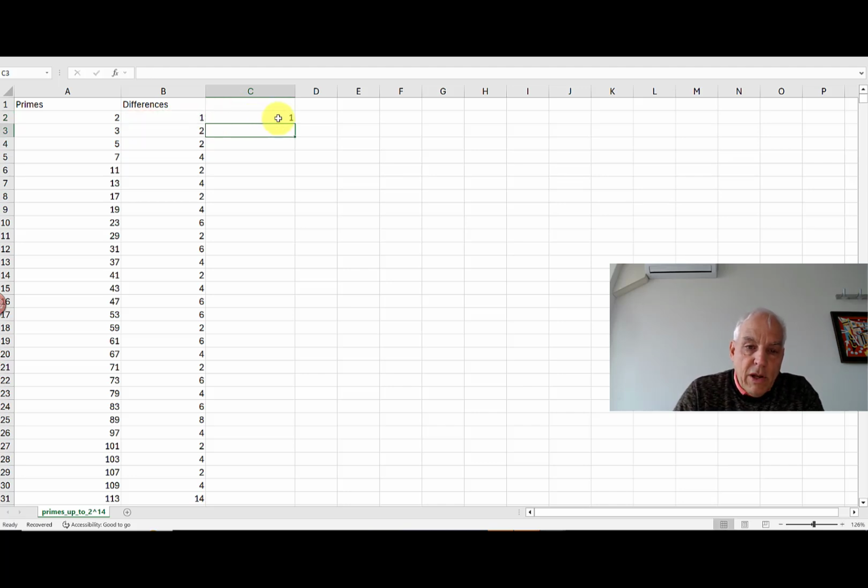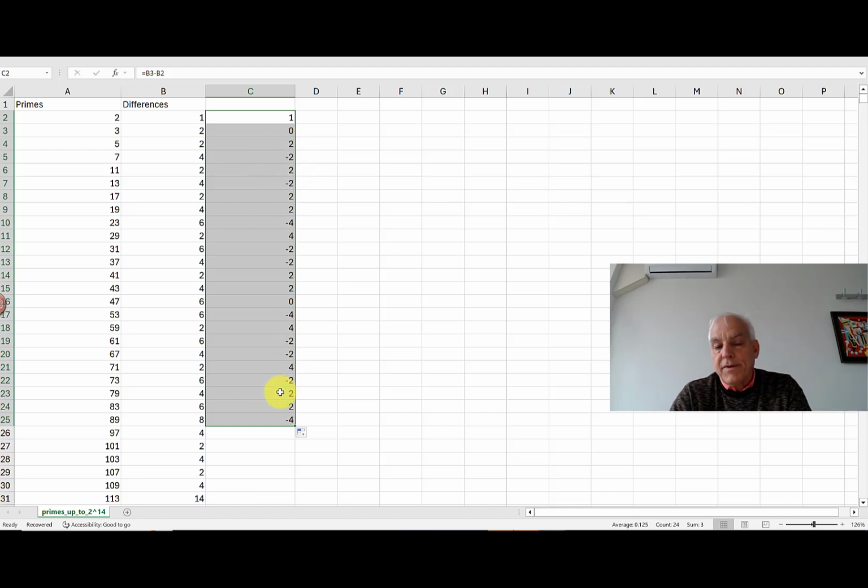So it's 1. Now, one thing I can do is grab this little thing down here and carry on, and I can go all the way down to the end, and I would get all the successive differences. So these are the second differences, okay? Of course, they're mostly even numbers except for the first one, but anyway.